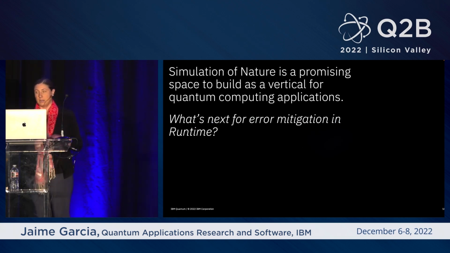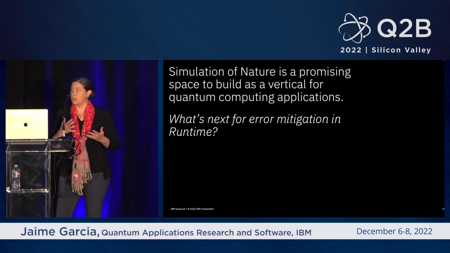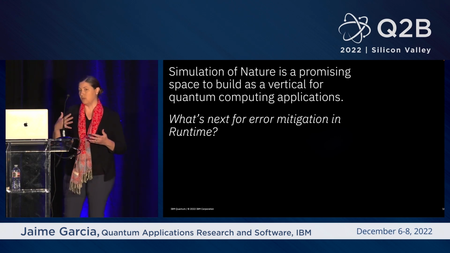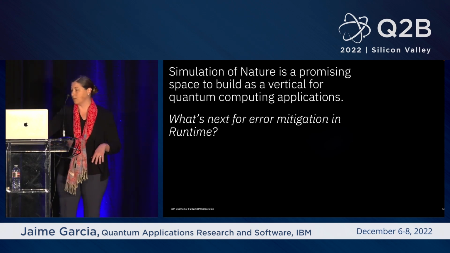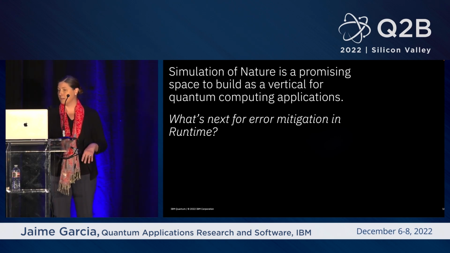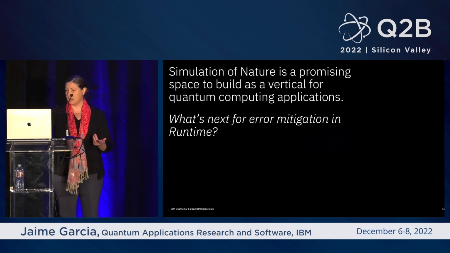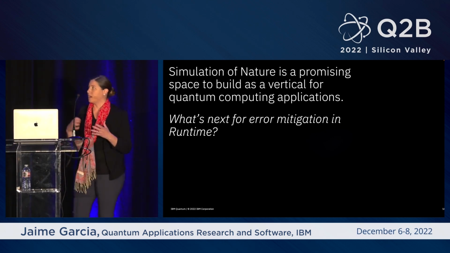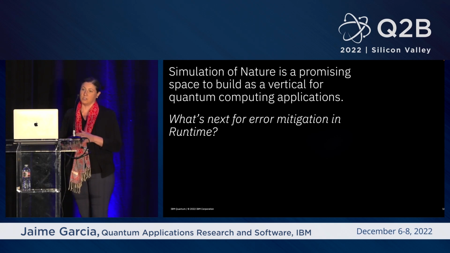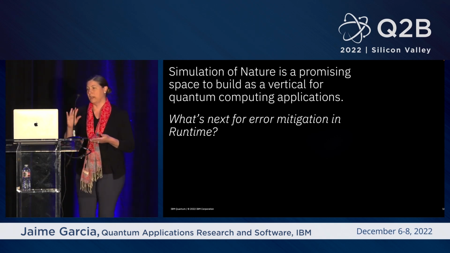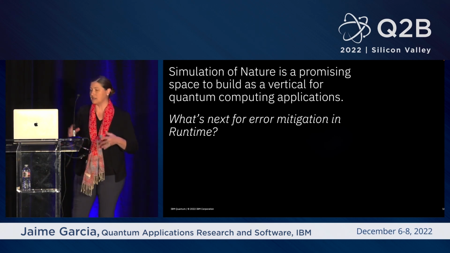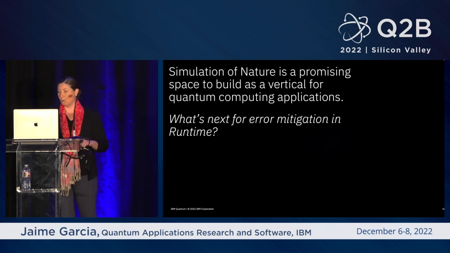In addition to that, we also announced some new improvements in error mitigation at the summit for runtime, and I'll talk a little bit about what's next there. I think underlying all of this, simulation of nature is a promising space to build as a vertical for quantum computing applications, and we are partnering with folks to be able to build this out.